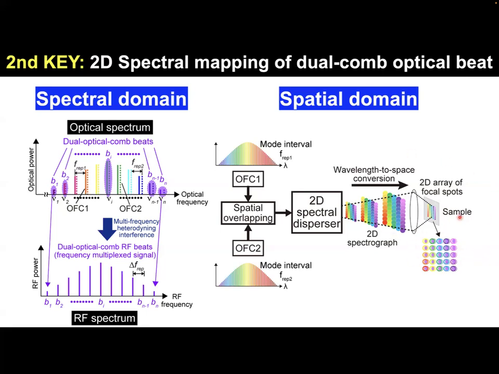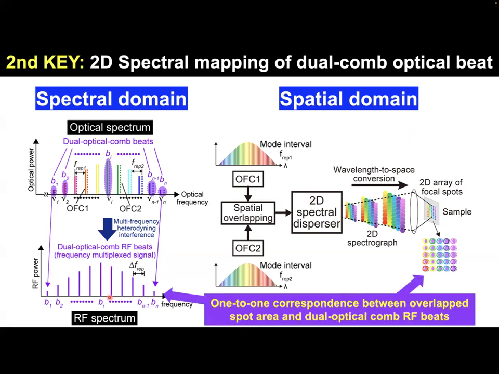So in the spectral domain, a group of optical beat signals is generated between the adjacent modes via multi-frequency heterodyning, and a secondary frequency comb appears in the RF region. So this is a dual optical comb RF beat. Importantly, this beat signal is frequency multiplexed, and the frequency spacing is equal to delta FREP.